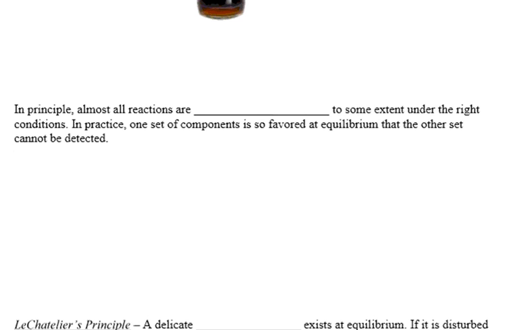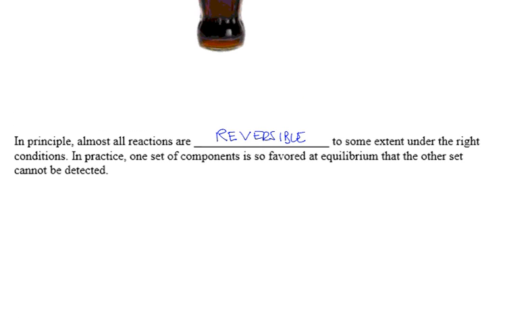This is the weird part. In principle, almost all reactions are reversible, to some extent, under the right conditions. In practice, one set of components is so favored at equilibrium that the other set cannot be detected.